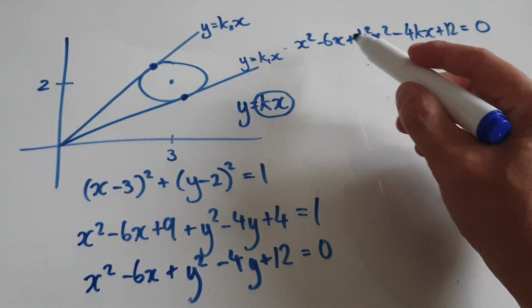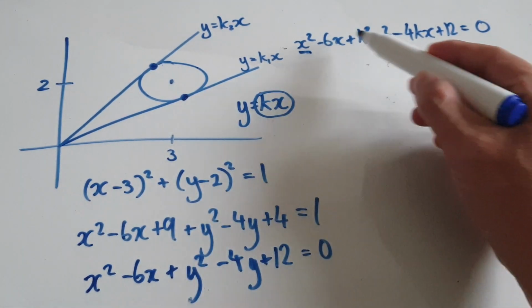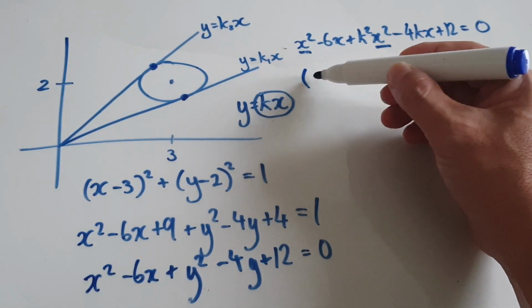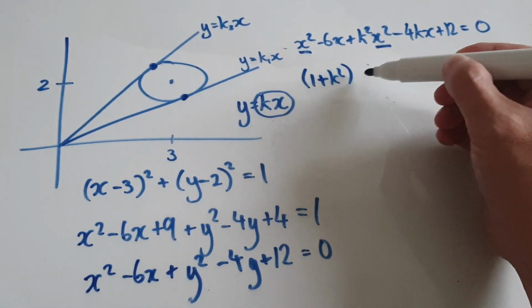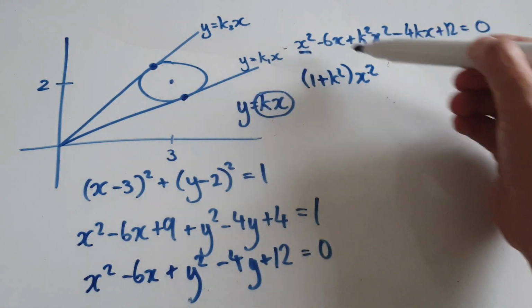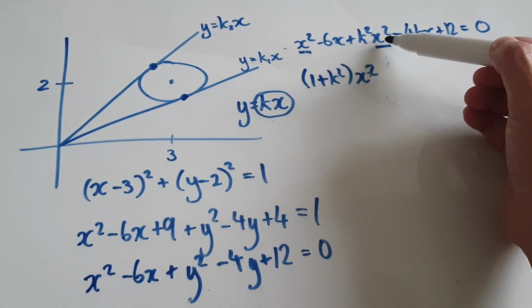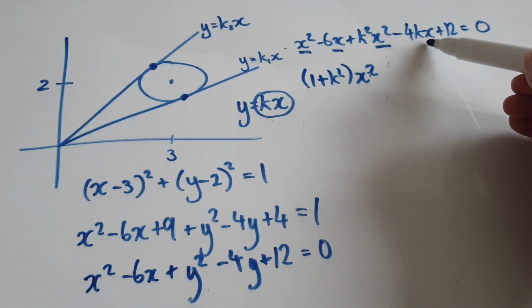So now you're merging. You've got x squared here, merge them together. That will then give us bracket 1 plus k squared x squared, because this times this will give us x squared. X squared times k squared will give us k squared x squared. Now looking at x, you've got x here and x here.